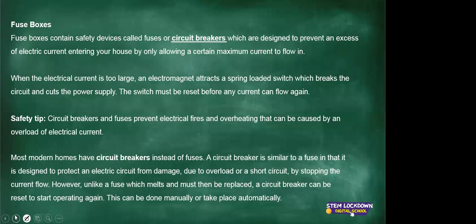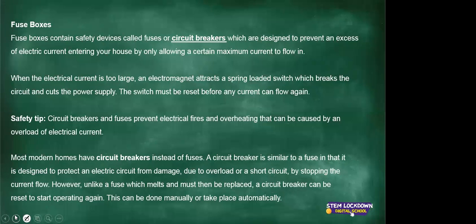So it's there to protect you. When the electric current is too large, an electromagnet attracts a spring-loaded switch, which breaks the circuit and cuts the power supply. The switch must be reset before the current can flow again.